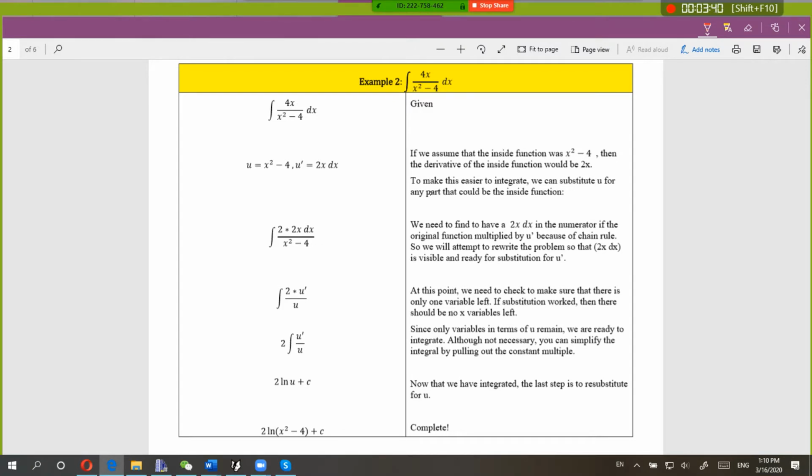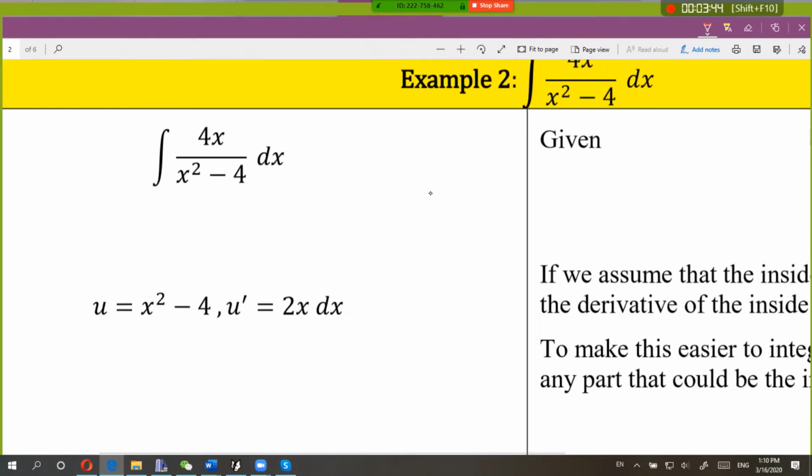So one more. Here I've got the integral of 4x over x squared minus 4. If I set u equal to the bottom part of this fraction, x squared minus 4, then u prime would be 2x dx. I don't have a 2x dx, I've got a 4x dx, so I'm going to break that apart.